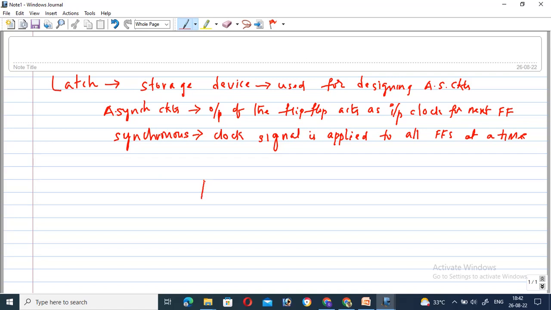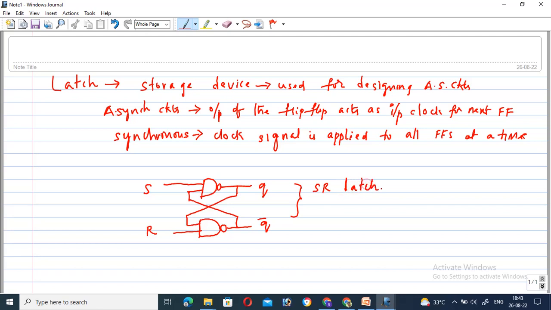Let us see the circuit diagram for this one. This is the SR latch using NAND gates.